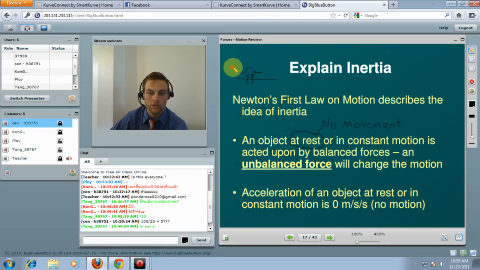These are all forces. If you took away the resistance, the object would move this way. But since it's there, the object stays the same. If you took away gravity, okay, if you took away gravity, the object would start floating in the air.